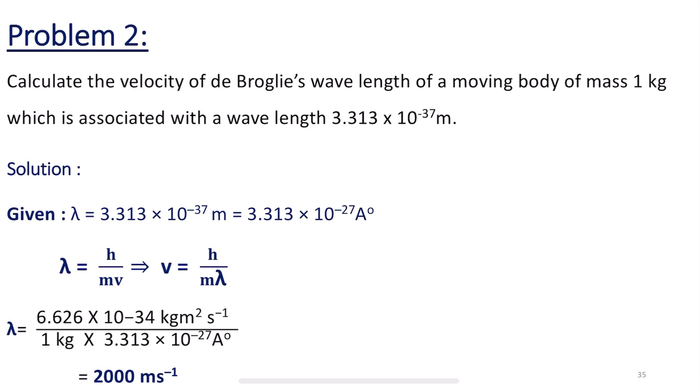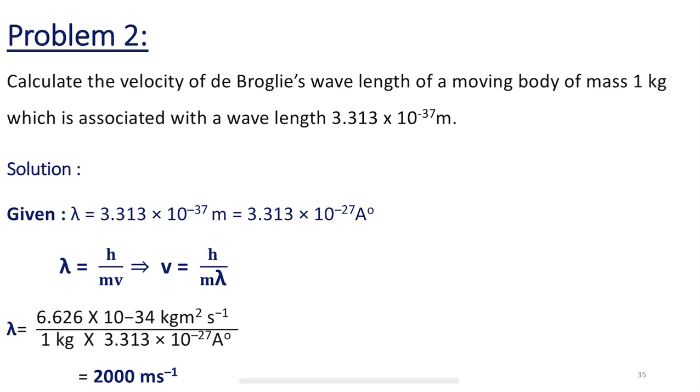So 2000 meters per second is the velocity of a moving body of mass 1 kg, which is associated with the de Broglie wavelength of 3.313 into 10 raised to minus 37 meter. In this way we can use de Broglie's equation to calculate the wavelength as well as the velocity of a moving body.